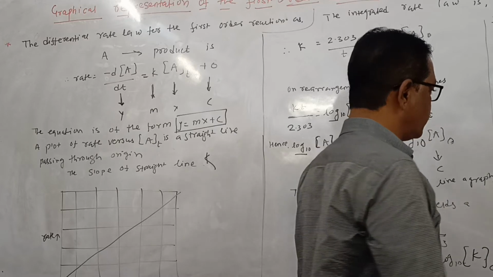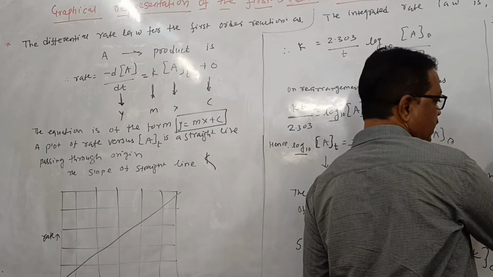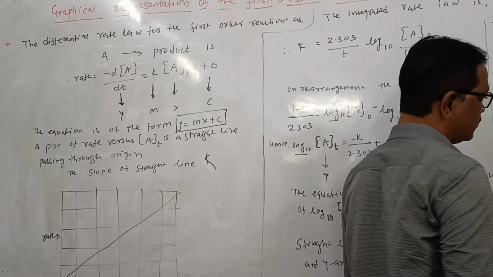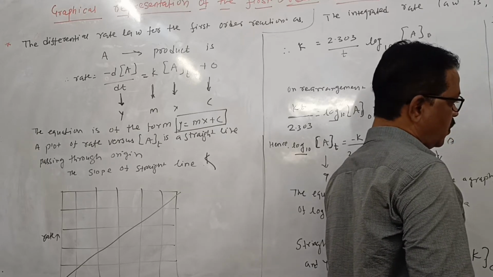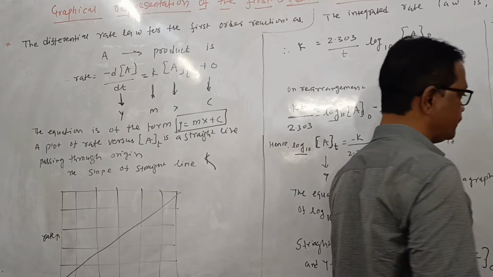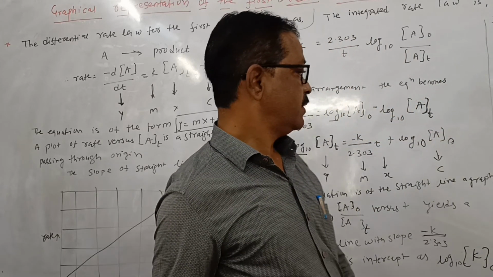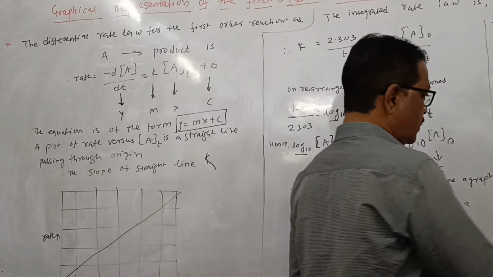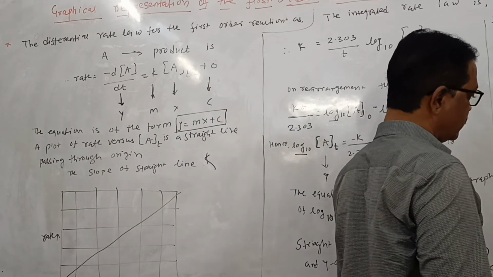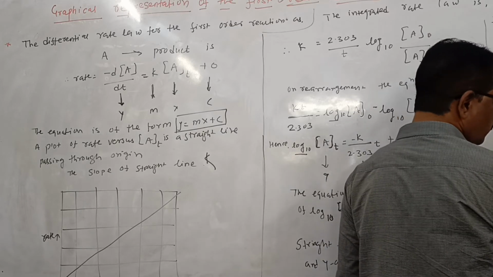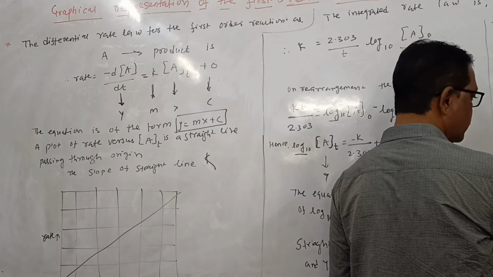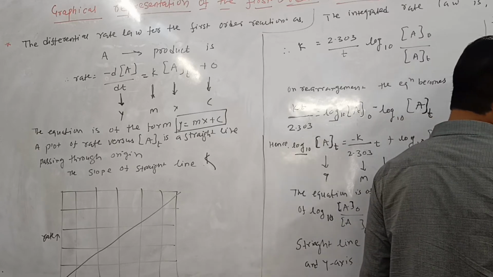2H2O2, hydrogen peroxide, gives formation of products 2H2O and O2. Therefore, hydrogen peroxide to formation of water and oxygen. Rate is equal to k concentration of H2O2.